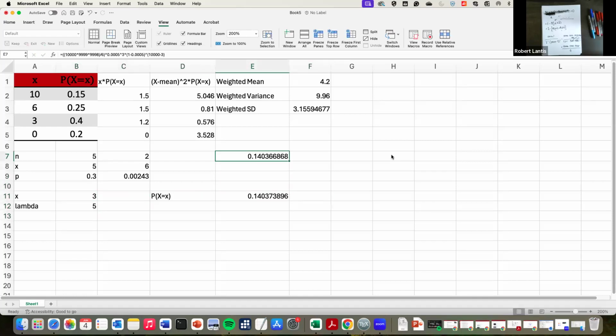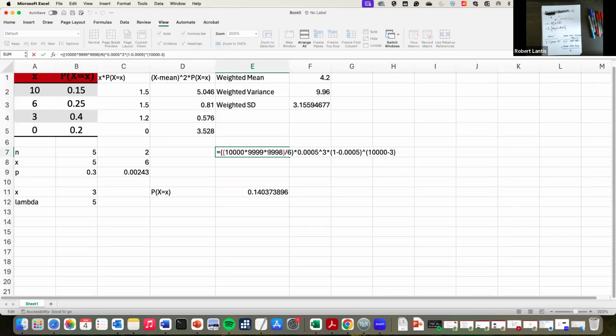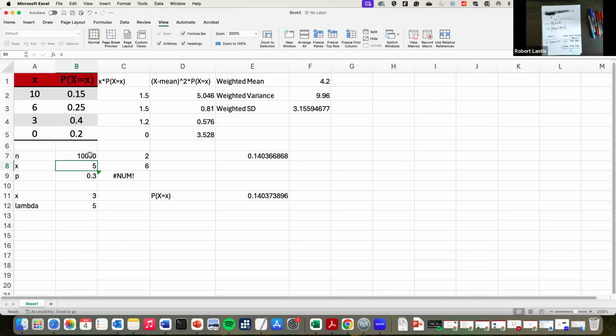Notice this rounds to 0.14037. So does this. But if I go out one more decimal, they are a little bit different, right? So it's a close approximation. It's not perfect, but it's really close. And we don't have to deal with those annoying factorials. Notice even here, I had to use a simplified version, because the old factorial equation can't handle numbers that high. Okay.